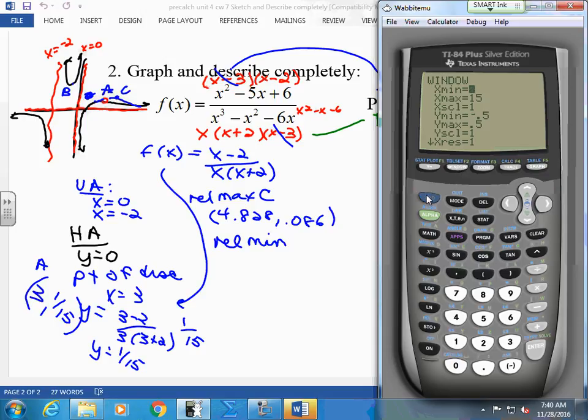You can sometimes tell in your table too. When you come down here, it's better to put them in decimal than to keep them in fraction. Then you can kind of see where your y's are going, if they're increasing, decreasing. Do a zoom 6 and find me this relative min.